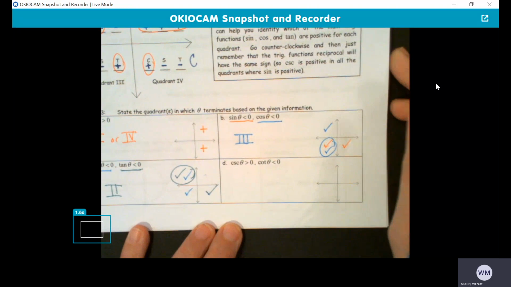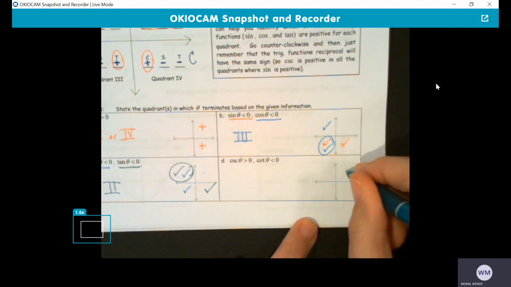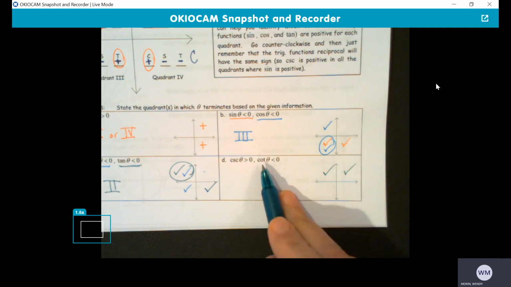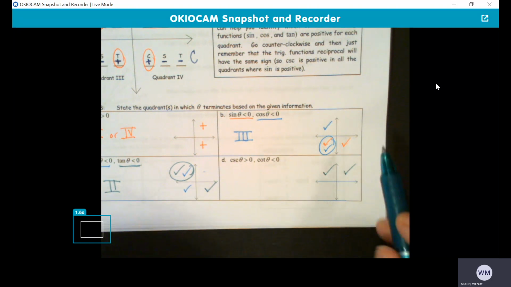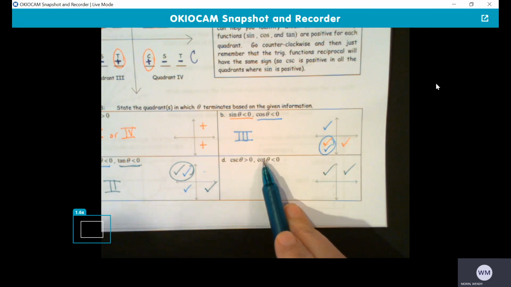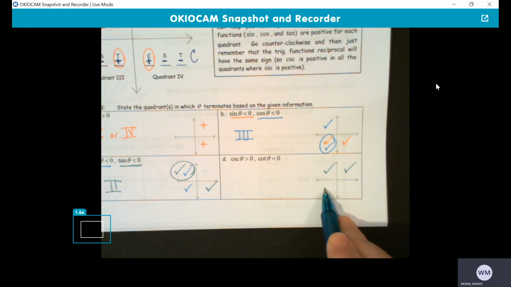All right. And then the last one. This goes with sine. Where is the sine positive? First and second. Cotangent is positive... oh yeah, I'm sorry, this is negative. Tangent is negative when cotangent is negative. So we need to find out where tangent is negative. Well, I know it's positive in the first and positive in the third.